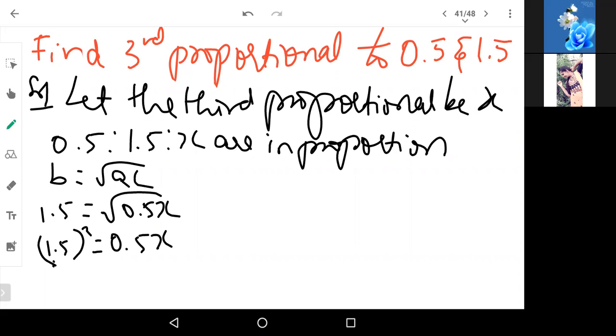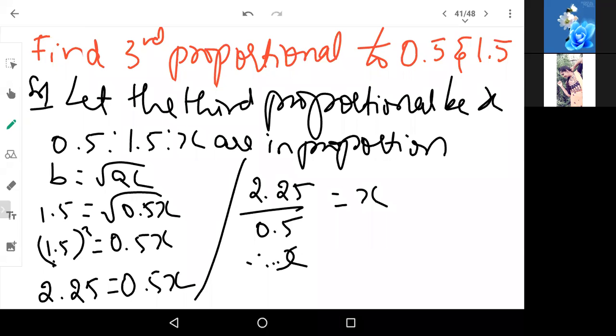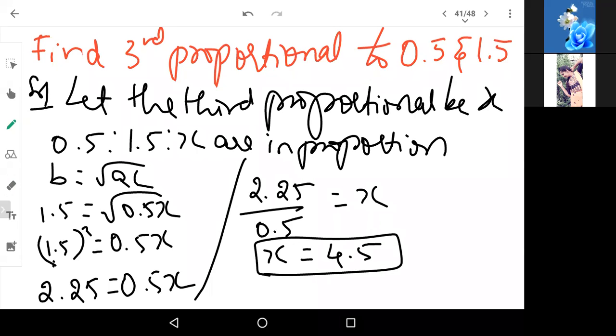So 1.5 square is 2.25 is equal to 0.5x. So 2.25 divided by 0.5 is equal to x. Therefore, x is equal to 4.5. Understood, right? Any doubts?